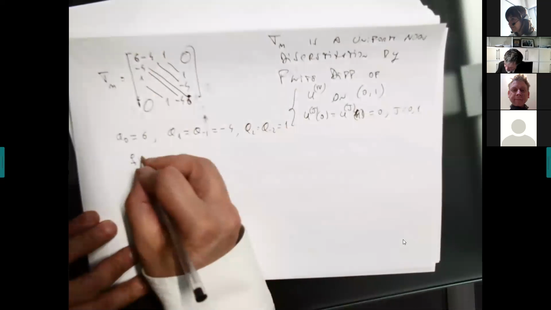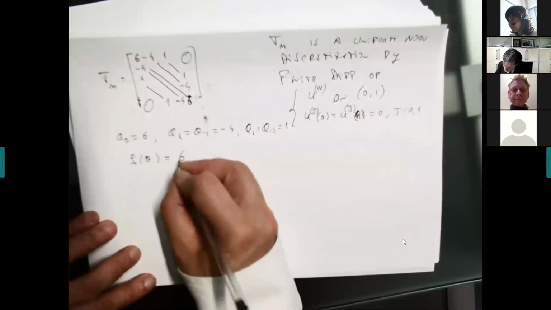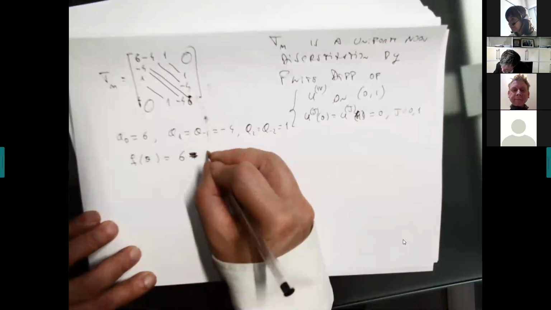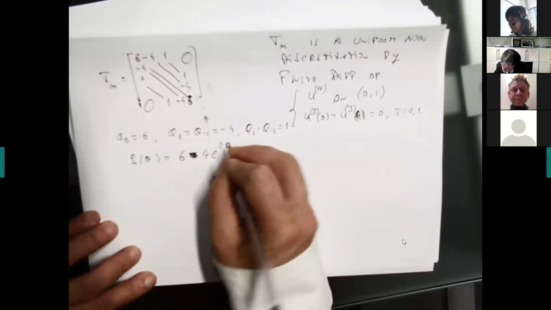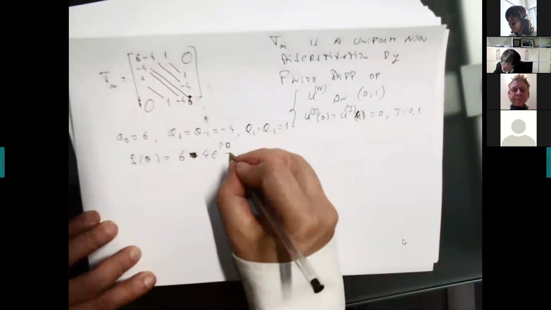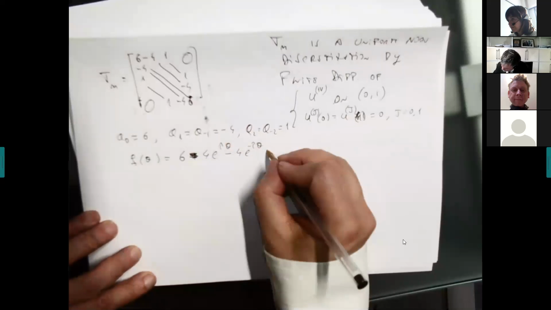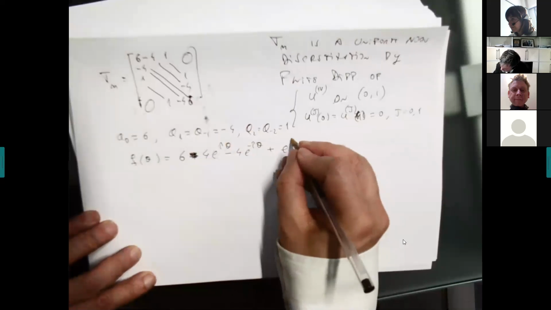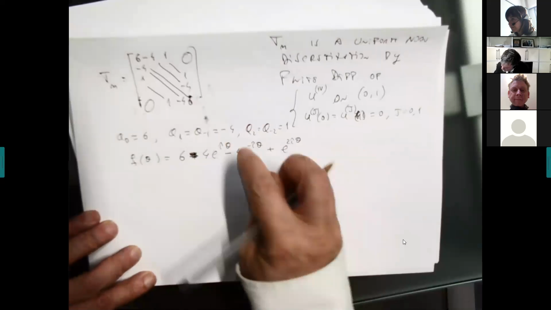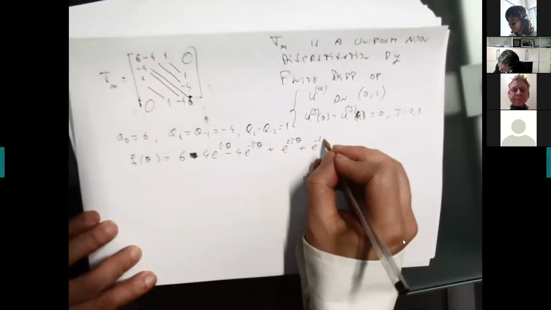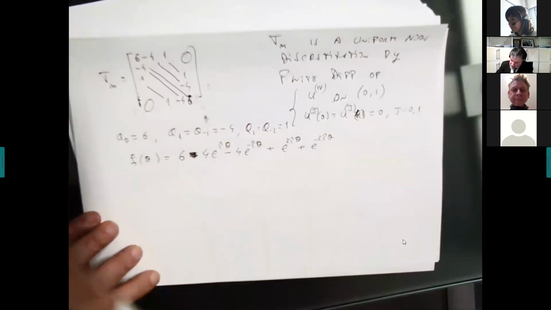So your f of theta is 6 minus 4 e to the i theta for this, minus 4 e to the minus i theta for this, plus e to the 2i theta for A2, plus e to the minus 2i theta for A minus 2.